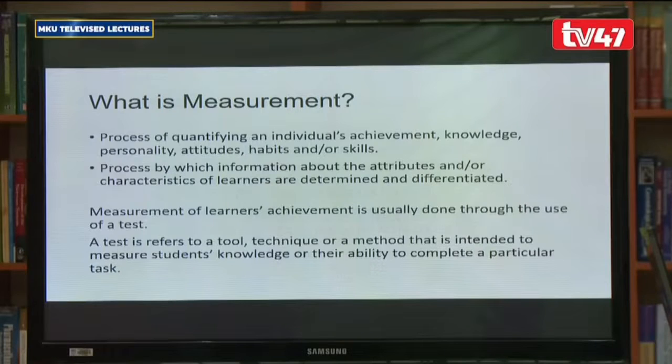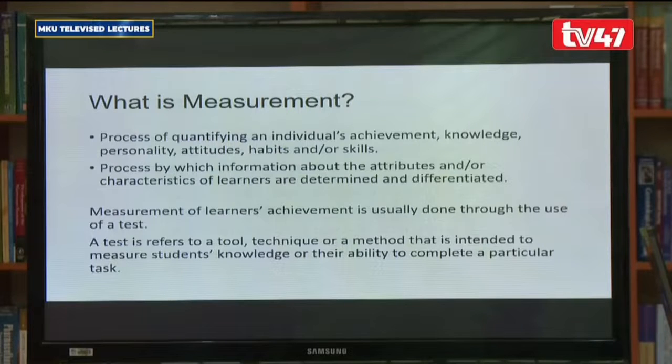In other words, if you want to know the differences in terms of achievement in your learners in a classroom, say the classroom consists of 40 learners, then the best way to determine their level of achievement is by use of measurement.